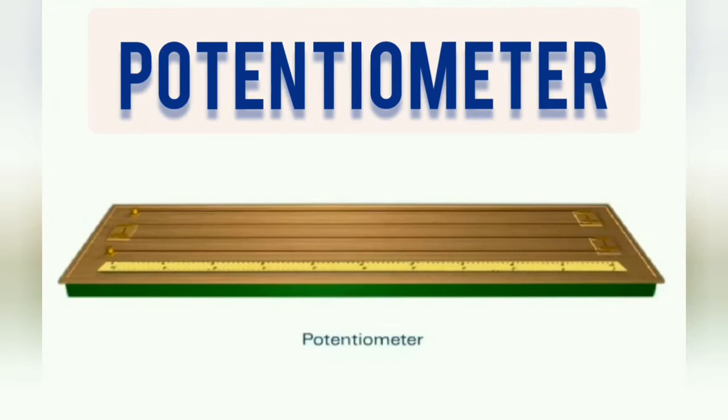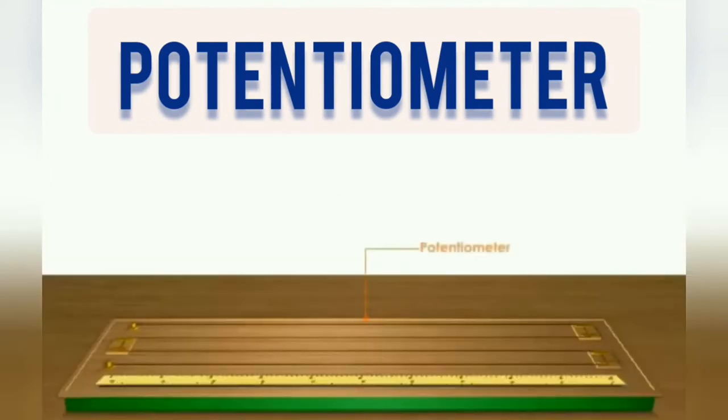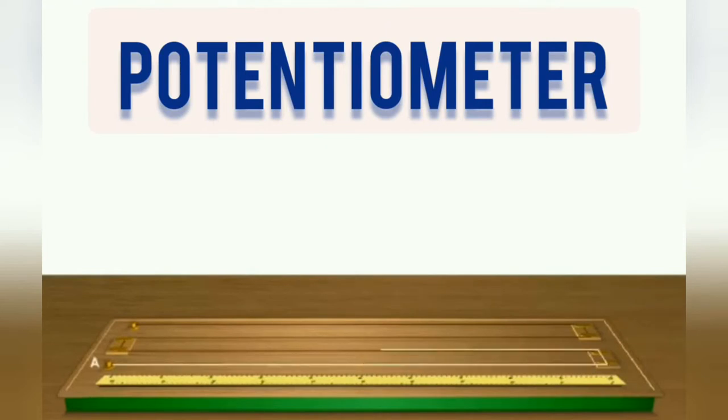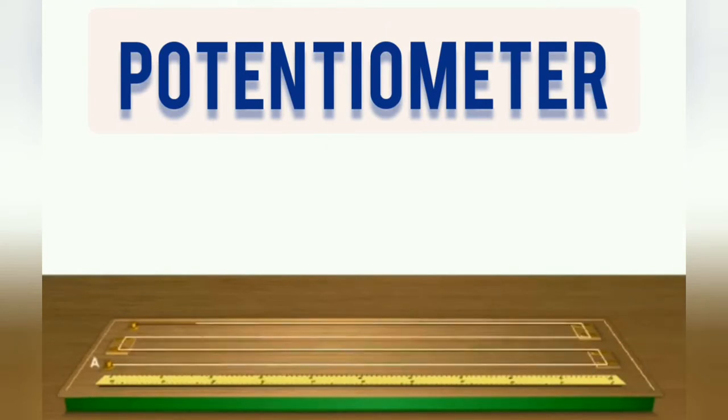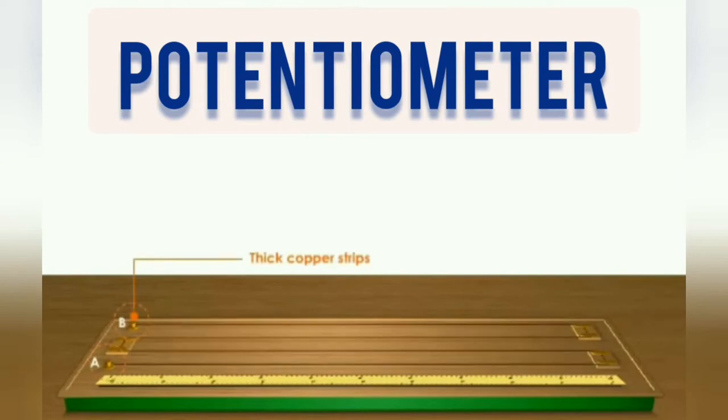A potentiometer is used to compare EMFs of the two cells or to measure the internal resistance of a cell. The principle of potentiometer requires that the potentiometer wire should be of uniform area of cross-section and the current through the wire should remain constant. A potentiometer consists of a number of segments of wire of uniform cross-sectional area stretched over a wooden board between two thick copper strips.